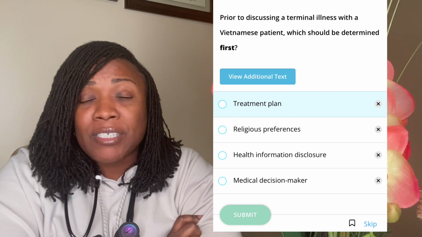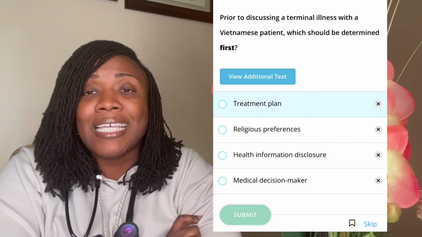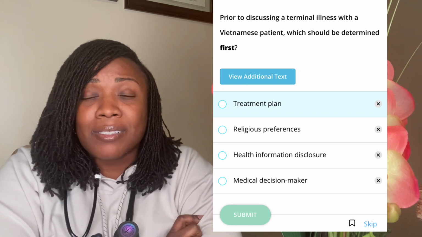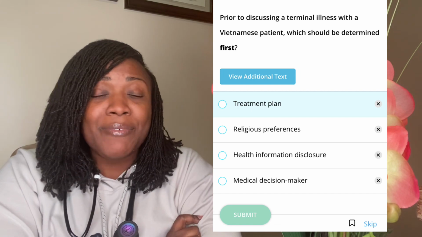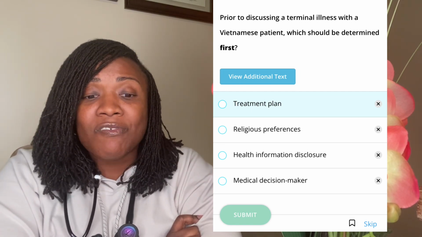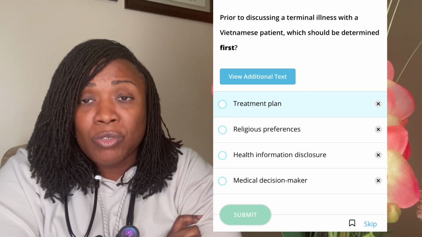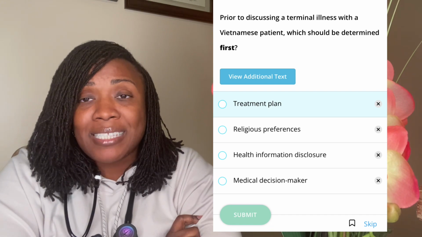That health information disclosure is usually filled out by the patient before you even see them. So you're not going to discuss the treatment plan, religious preferences, or a medical decision maker until that patient fills out the health information disclosure, which is usually given to them in a packet before you even see that patient.